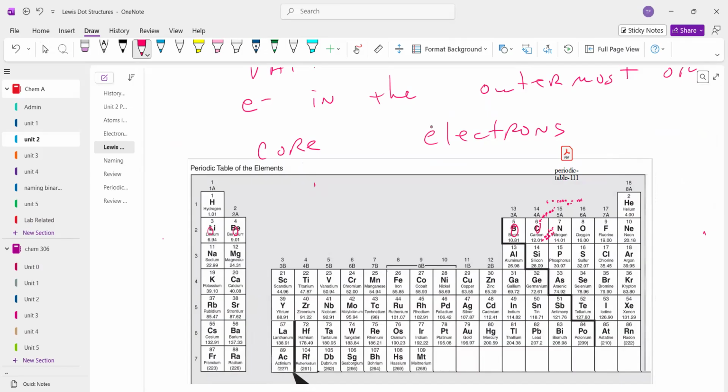That's how many valence electrons there are. So if carbon has 4 valence electrons, how many core electrons does it have? 2, because 2 plus 4 is 6. So core plus valence are the total number of electrons. For Lewis dot structures, we're only going to use those 4 electrons, not the total 6.